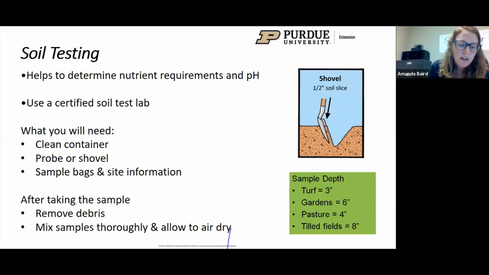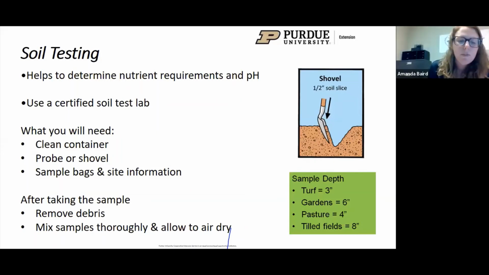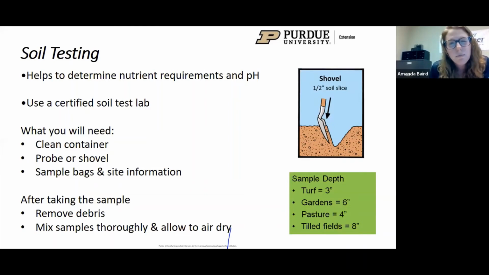We typically do recommend a soil test every 3 to 5 years. And you can take the soil test at any time, but if you're going to do this for your garden, it would be important to take that soil test before planting, so either early spring or late fall, so that if you have some nutrient deficiencies, you are able to adjust for that.